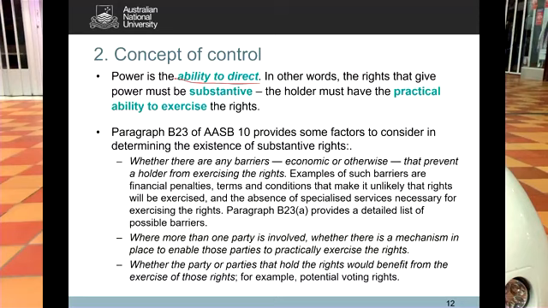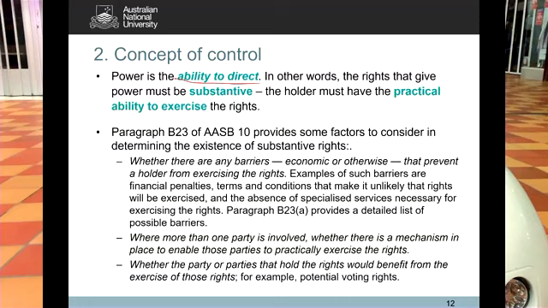However, if you don't have the money to exercise those options, because when you exercise the option you need to purchase the shares, then you don't have the practical ability. It would be a financial barrier preventing you from exercising your rights, so you wouldn't have the substantive right.